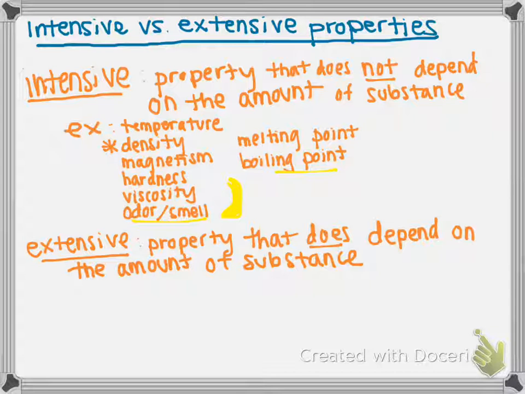An extensive property is something that does depend on the amount of substance. So for example, mass, volume, length, number of particles.